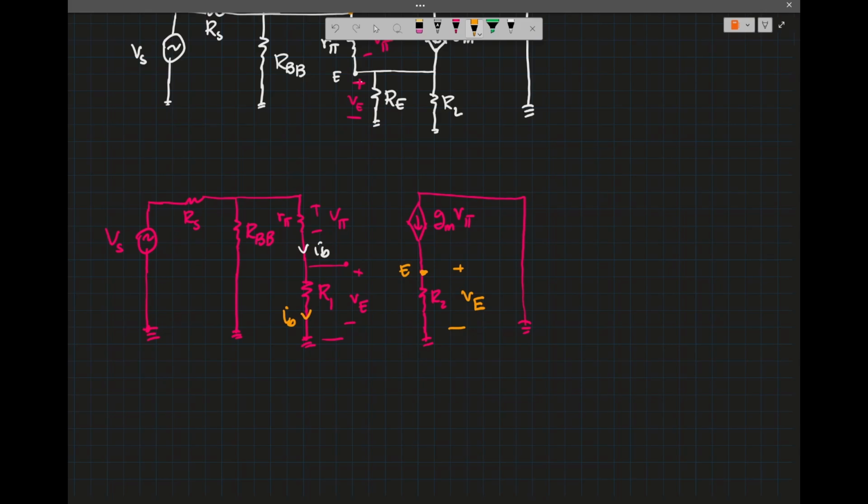So for this, VE is R1 IB by Ohm's law, which is also equal to RE parallel R load times IE.